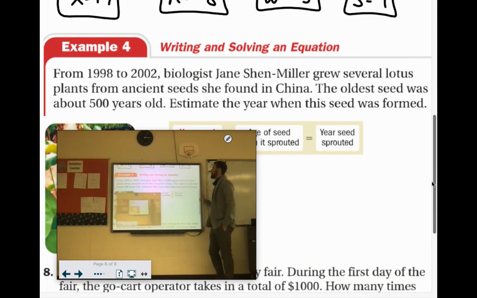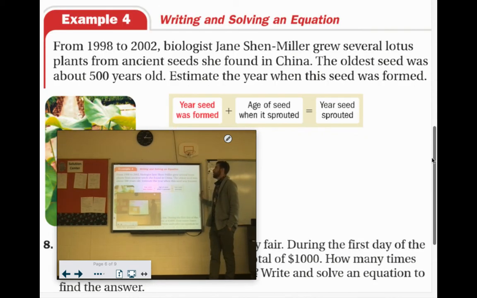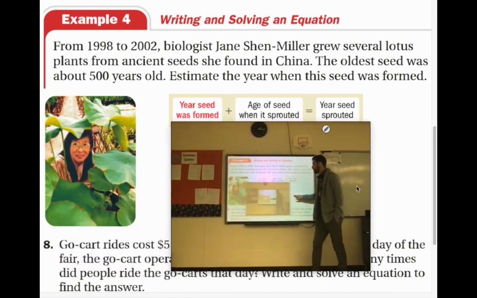From 1998 to 2002, biologist Jane Shen Miller grew several lotus plants from ancient seeds she found in China. The oldest seed was about 500 years old. Estimate the year when the seed was formed. So, let's see. Let's scooch out of the way here.